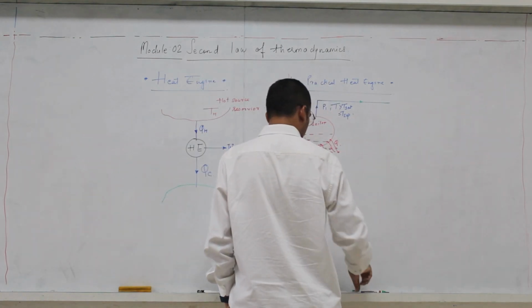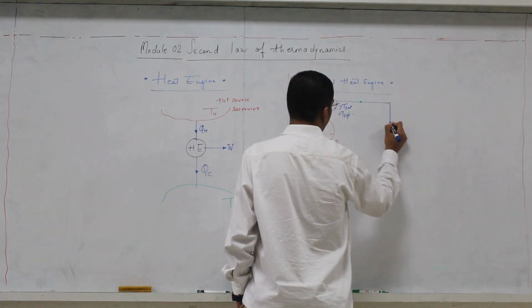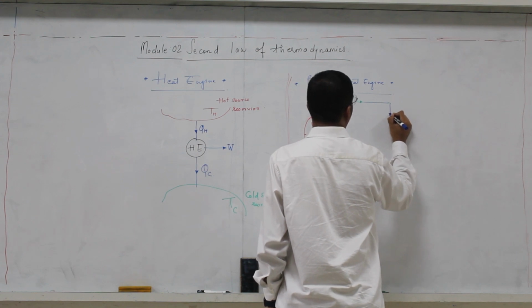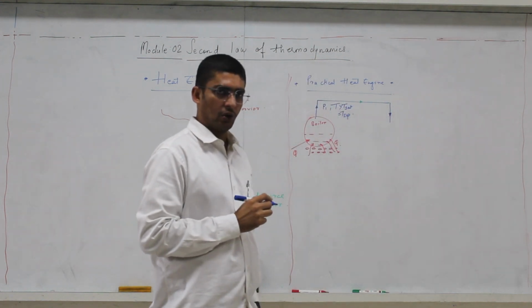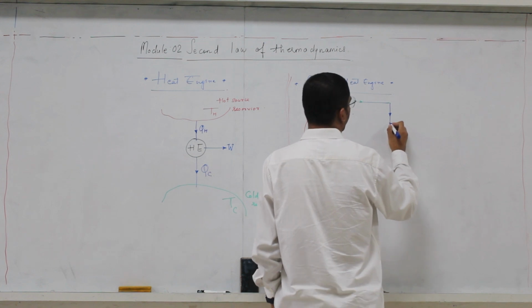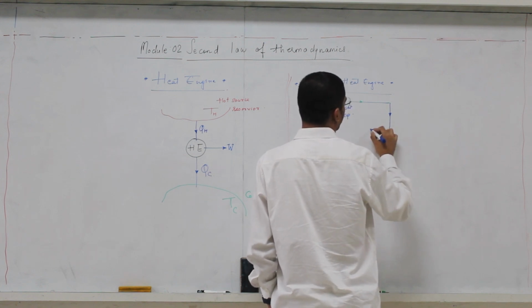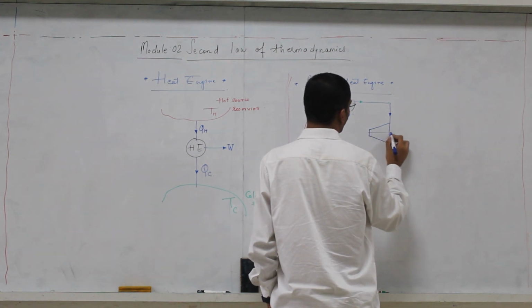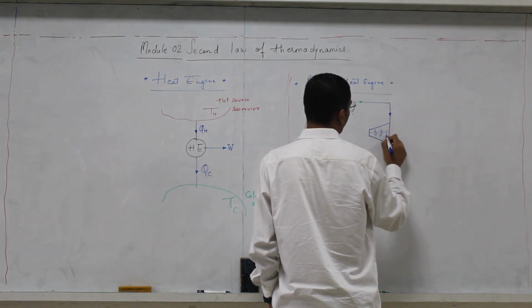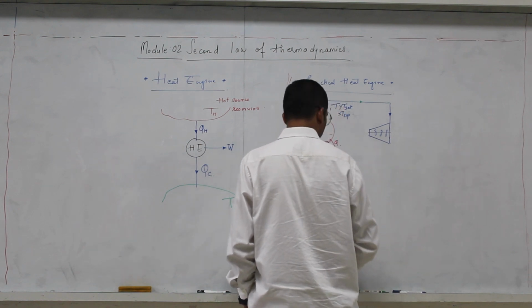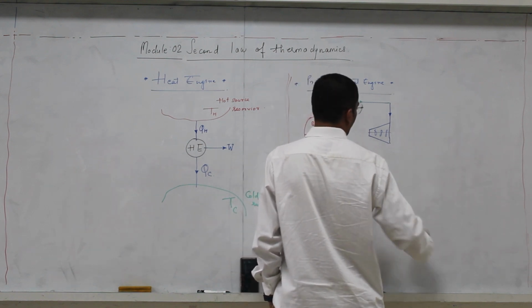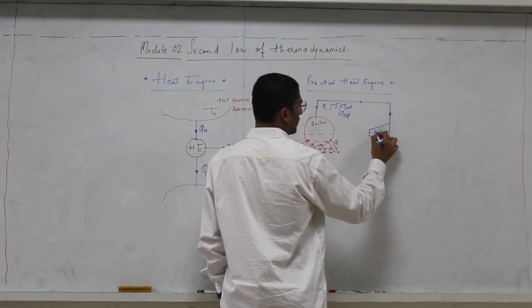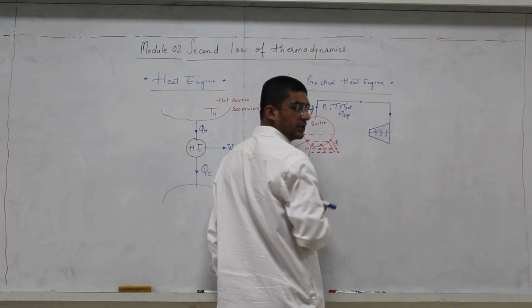The turbine is expected to carry out some work. So this high pressure, high temperature steam goes into the turbine. Let me show the turbine in this fashion, with rotating blades. When the steam is injected into the turbine, it hits the blades and they rotate.